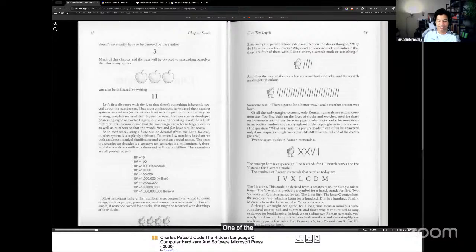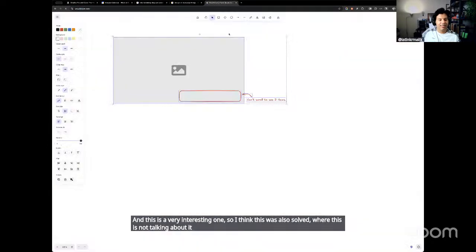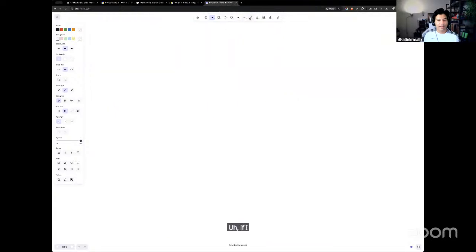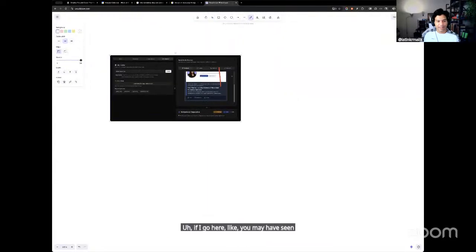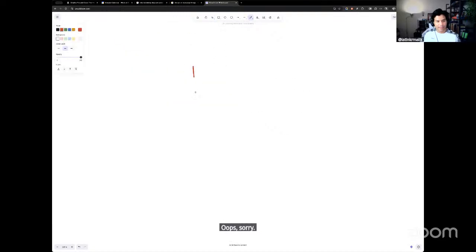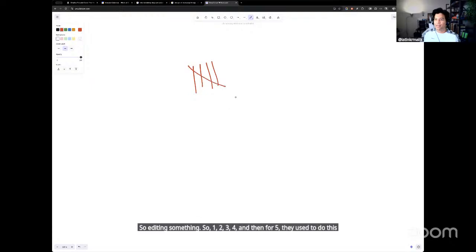Of the early number systems, only Roman numerals are still in common use. And this is a very interesting one. You may have seen this: 1, 2, 3, 4, and then for 5, they used to draw a slash across.